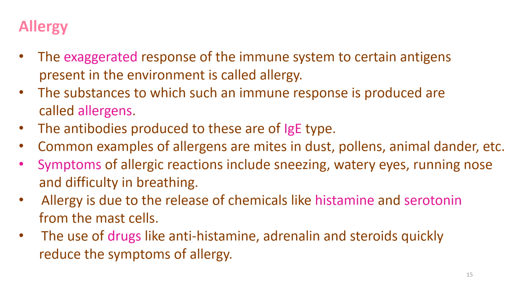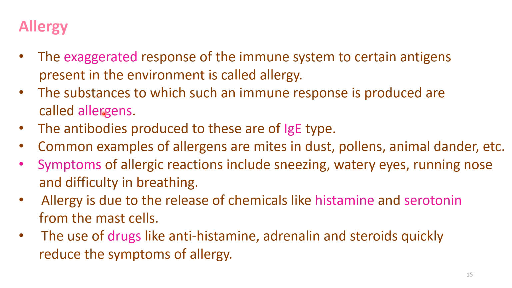We are all familiar with the word allergy. But what exactly is the condition known as allergy? Friends, the exaggerated or over-response of the immune system to certain environmental antigens is called allergy. And the substances to which such an immune response is produced are called allergens.